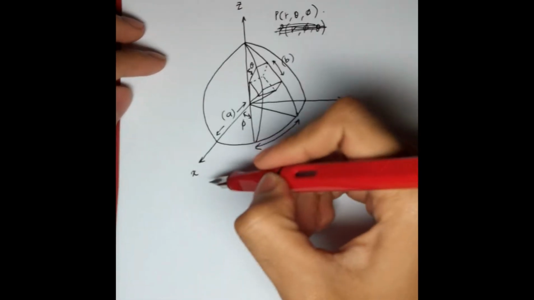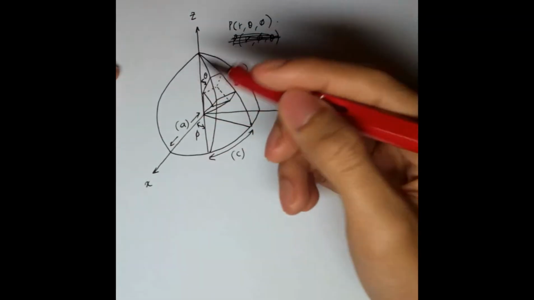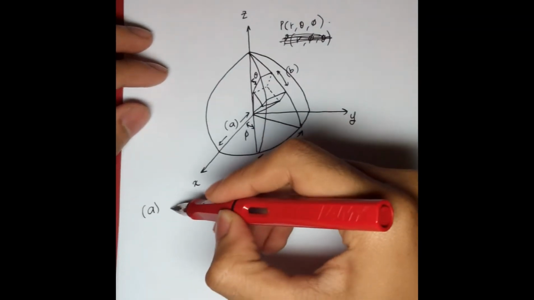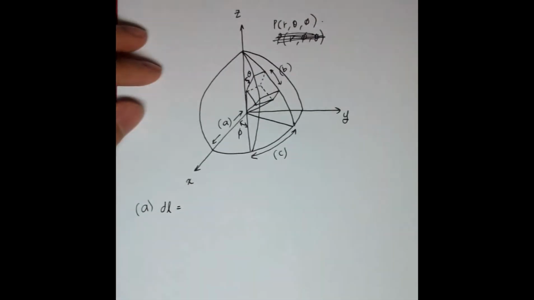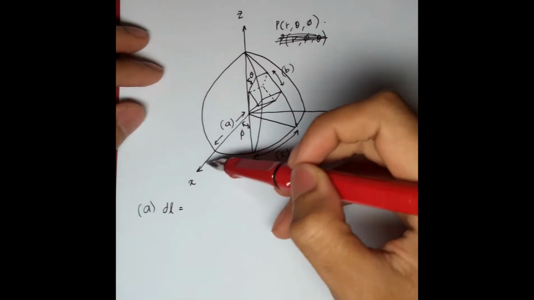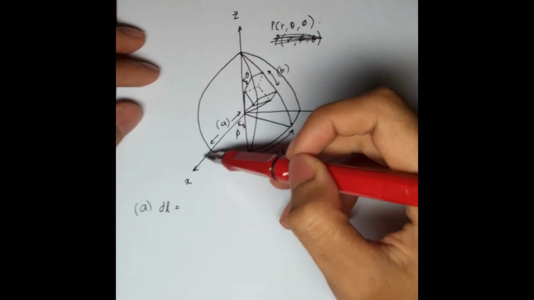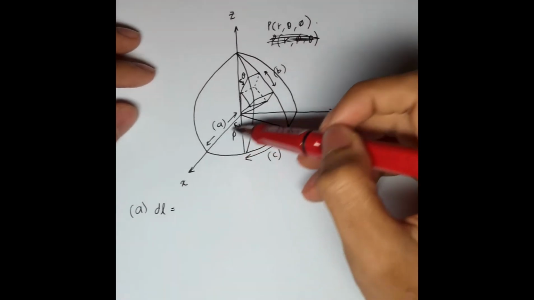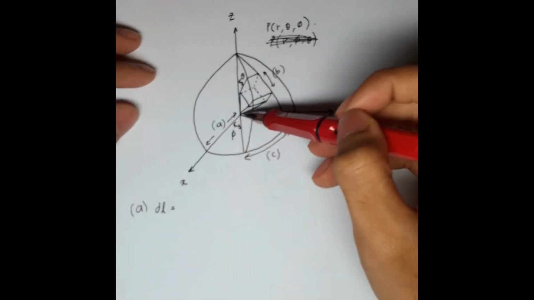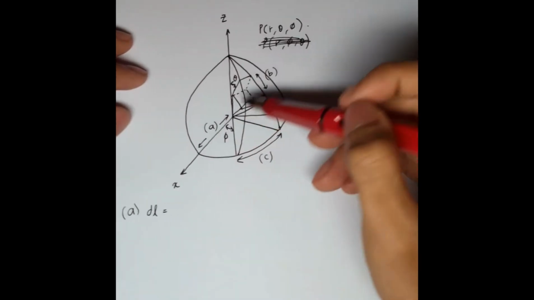of the sphere. Now for differential length of A, you can tell that the differential length is pointing towards or with the r radius.